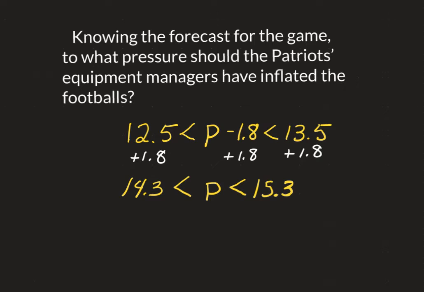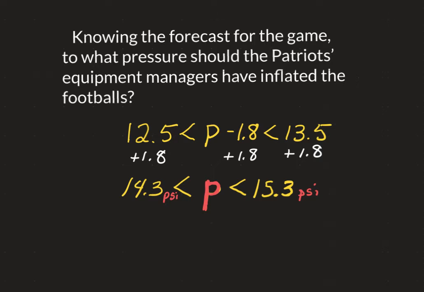We have found the value for P, which is what we were looking for, the pressure to which the footballs should have all been inflated in order for them to be the correct pressure on the field. And that is in PSI, pounds per square inch. We can, of course, express that in interval notation.